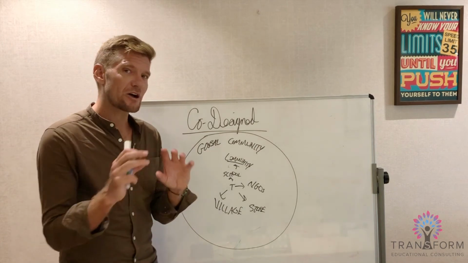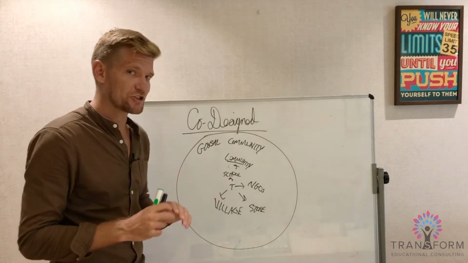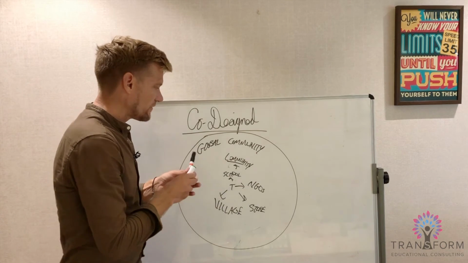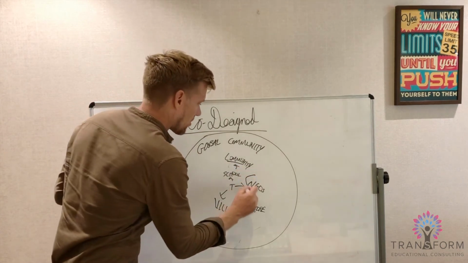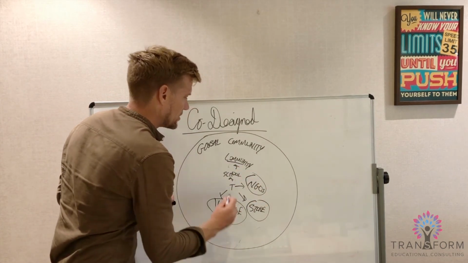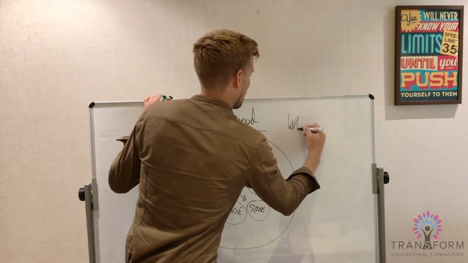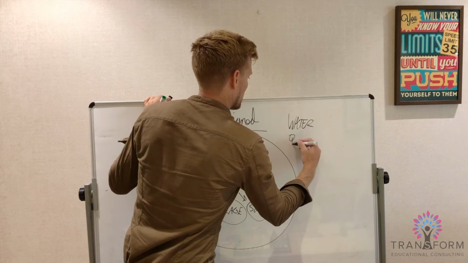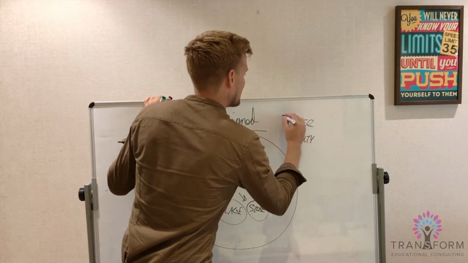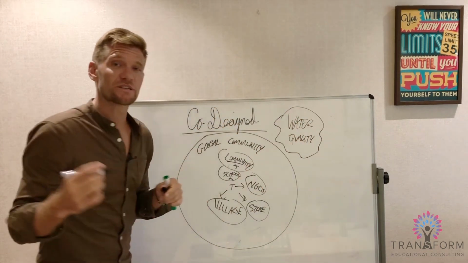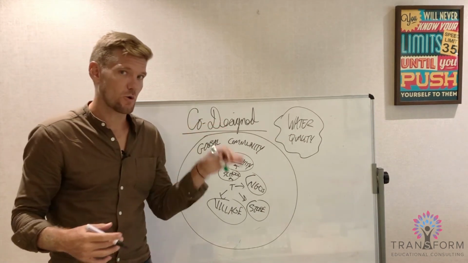So all of a sudden now you have a design that starts with the teacher, and all of a sudden now you have all of these different stakeholders that are all working together to address this one single problem of water quality. Okay? That is then how you move from teacher-designed to co-designed.